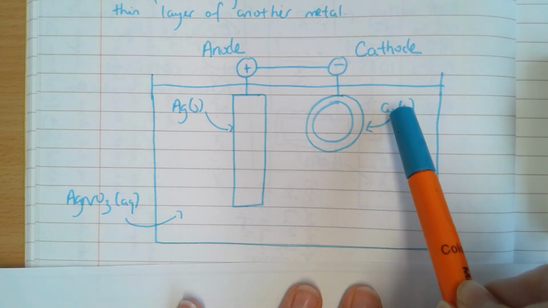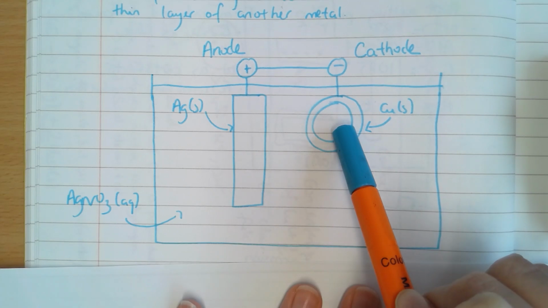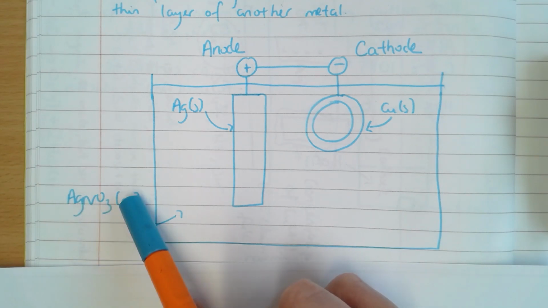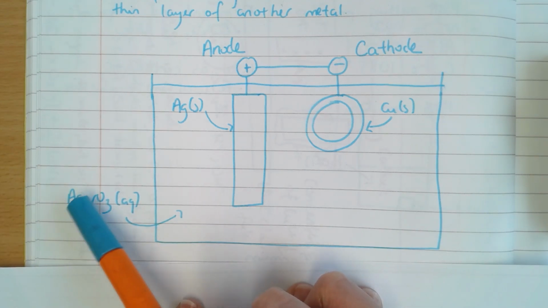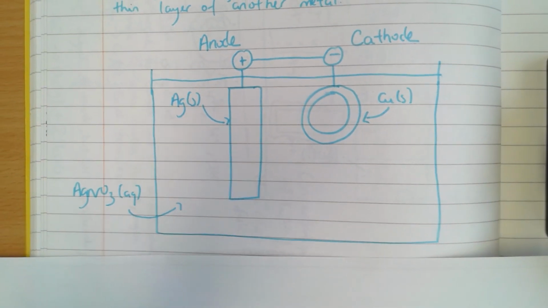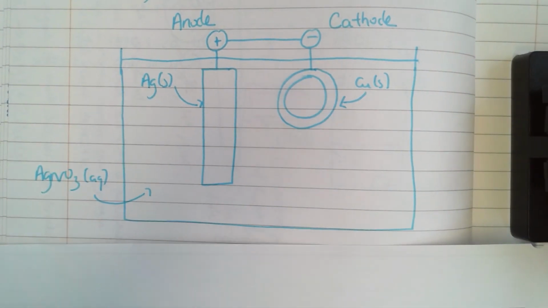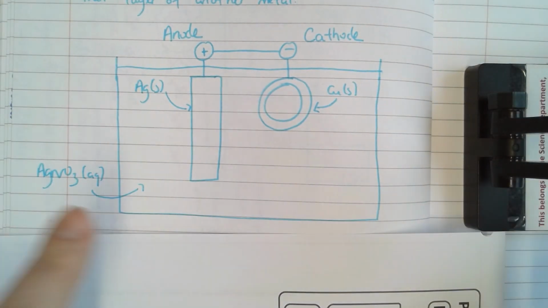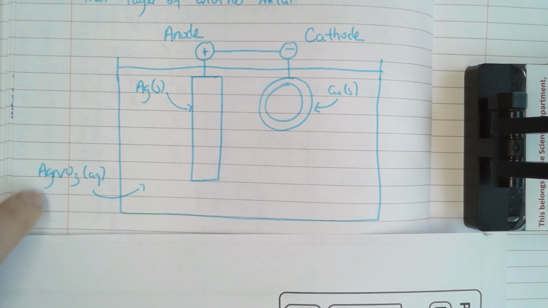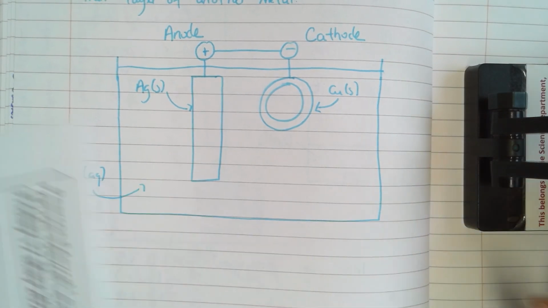Now, I want this ring to be coated in silver. Then I have got my electrolyte, which in this case is going to be silver nitrate, and you can see I've got it aqueous. I'm going to describe what happens, and then hopefully it will be a little bit clearer why I've put the silver at the anode and the ring at the cathode, and also why this is my electrolyte.